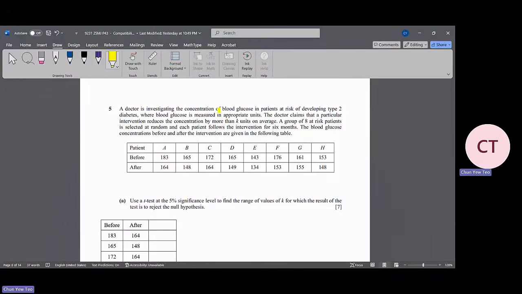A doctor is investigating the concentrations of blood glucose in patients at risk of developing type 2 diabetes. Blood glucose is measured in units. The doctor claims that a particular intervention reduces the concentrations by more than K units on average. So this is an important statement.